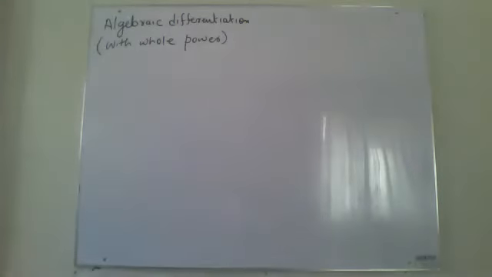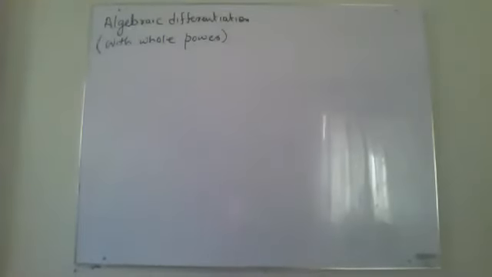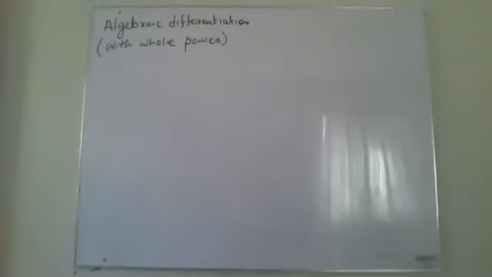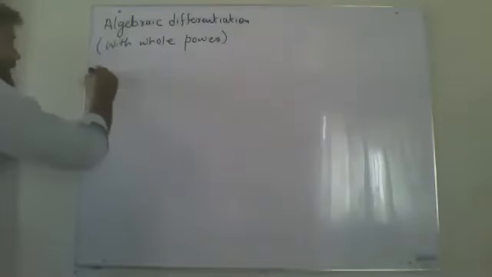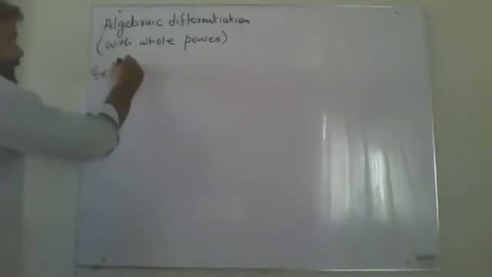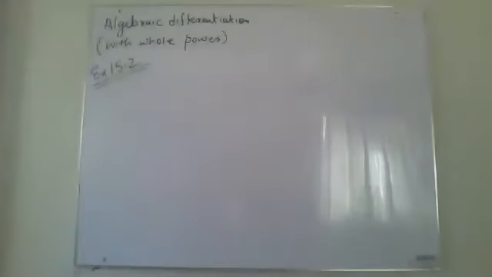Now, for instance, this is the exercise. Okay, don't worry, beta, just 1 minute. I can tell you one thing over here, then we will continue. Now, whole power we are going to start with. So, this is my exercise 15.2 question, which I am solving over here.